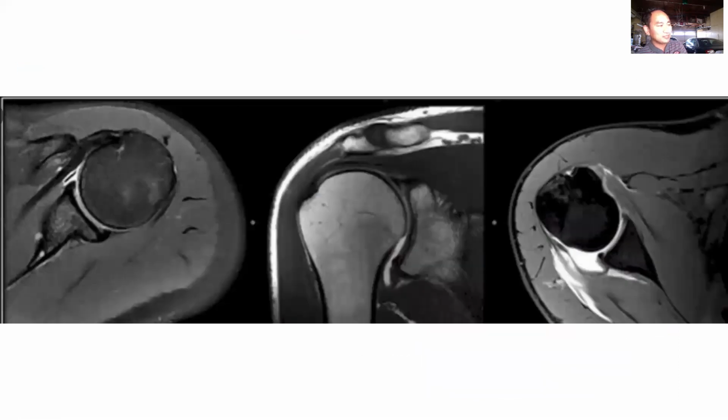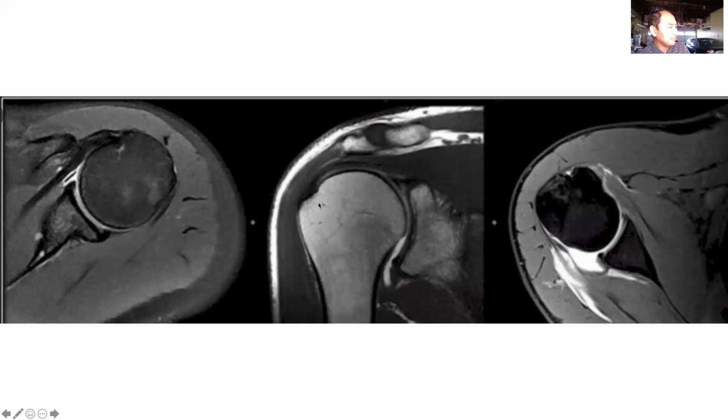Next slide. This is the MRI scan, again showing the shoulder joint. So this is the axial or transverse section. This is the coronal or anterior posterior section. And this is again the axial section. This bone is the glenoid, and this is the head of the humerus, which forms the glenohumeral joint.